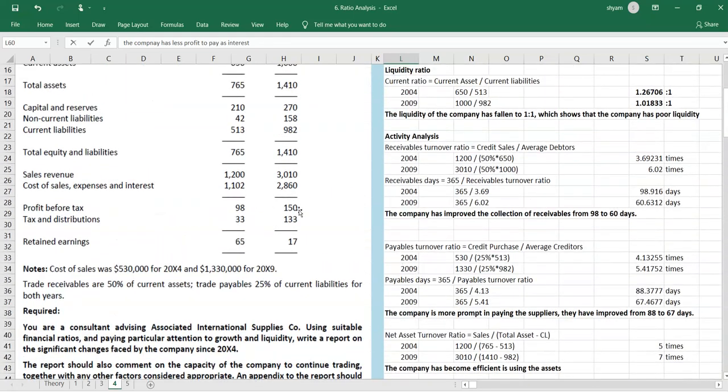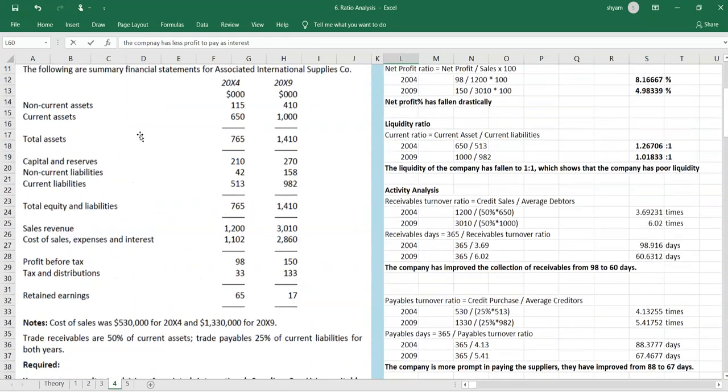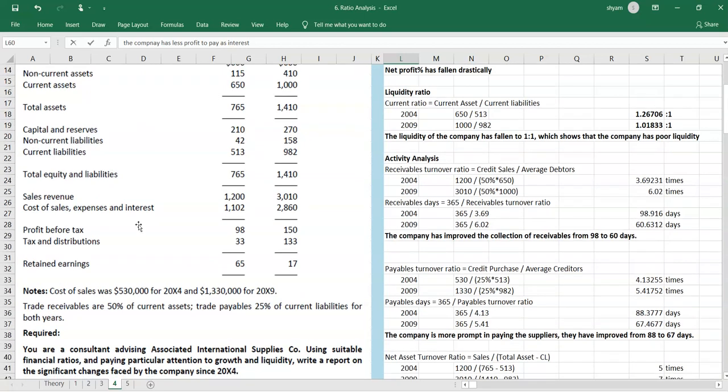If you see, the profit is quite less, that is visible here. The profit is only 17 here. With 150 profit, this profit has to support the interest also hereafter.